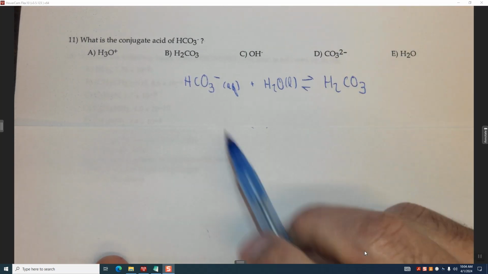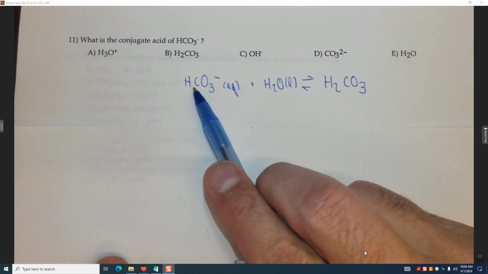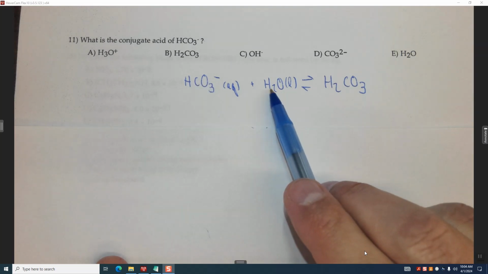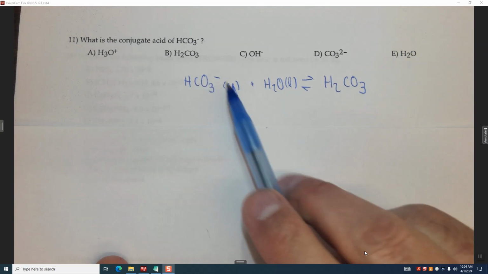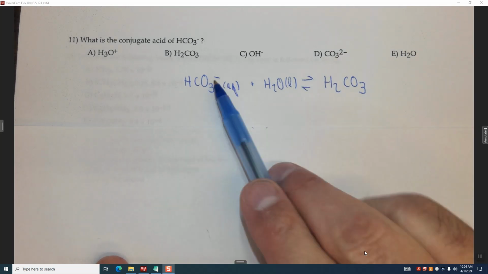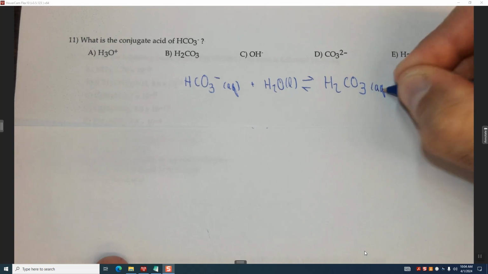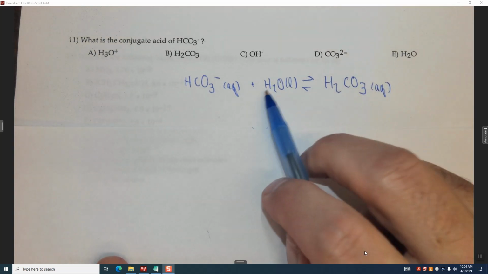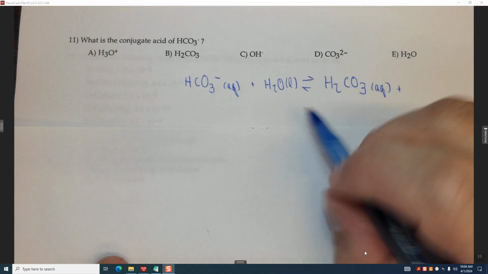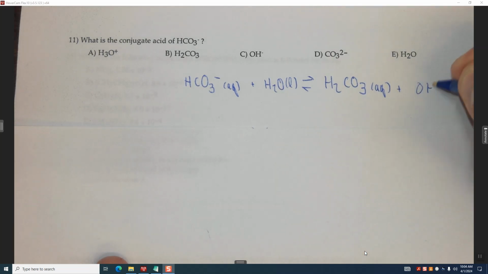H2CO3. This, you'll note, was minus. It gains an H plus from water. So it's not only got an extra H, but the minus and the plus cancel out such that you have a neutral species, which is aqueous. After the H2O loses that proton, you find its conjugate base, which is OH minus, also aqueous.